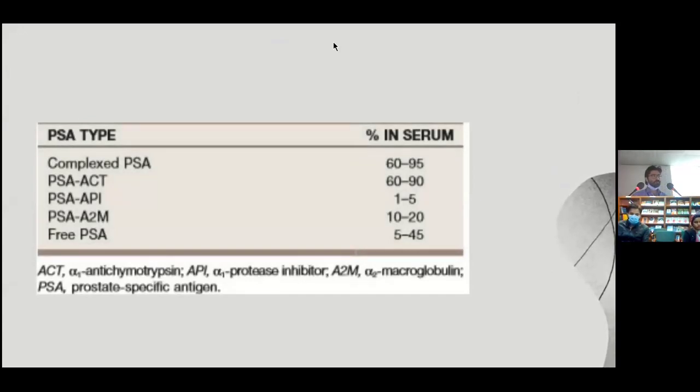So the Prostate Health Index takes into account all these isoforms, and not only quantifies these isoforms, but also the objective of having all of them in a single calculation is to make you or any clinician slightly more comfortable in deciding whether the person needs a proper biopsy.